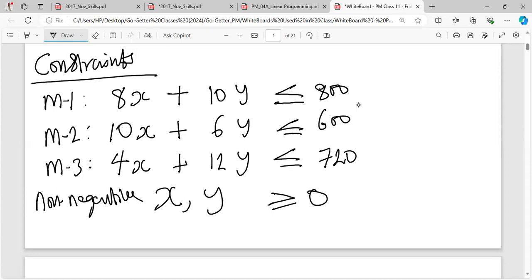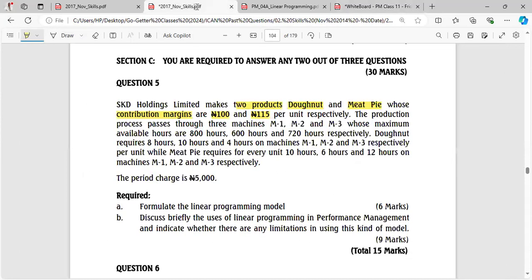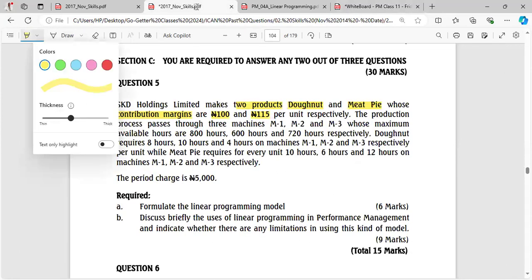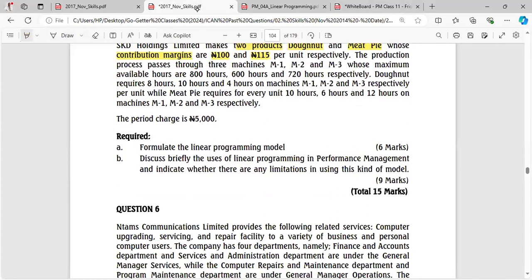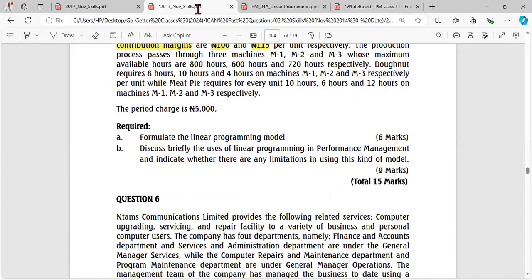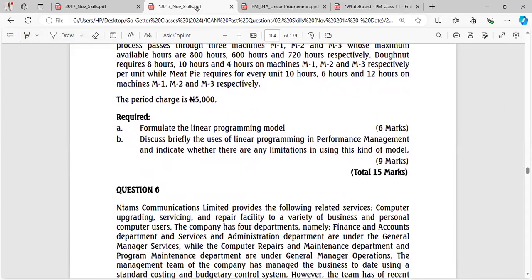And that's the answer to this question to formulate the model. That's the answer to that question. Formulate the linear programming model. This doesn't tell us anything. We've just formulated the model. So we will now develop something called A2.